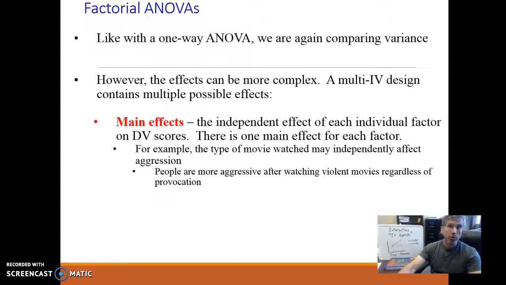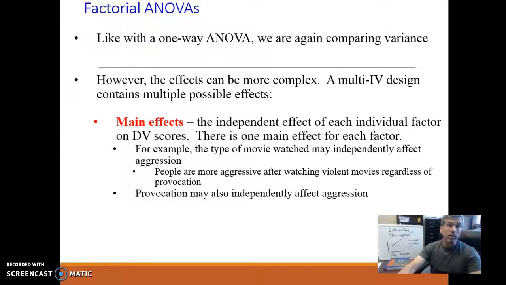It doesn't matter if they're provoked or not. The people that watch the violent movie are always more aggressive on average. So that'd be a main effect for movie type. It doesn't matter what's going on with the other factor, the other IV, just independently, this IV predicts DV scores. There are significant differences between conditions on just this IV by itself.